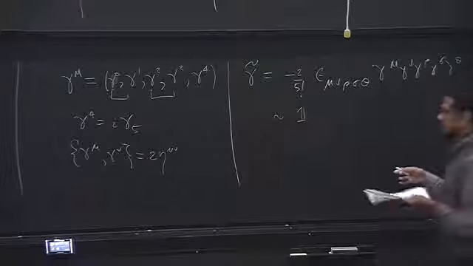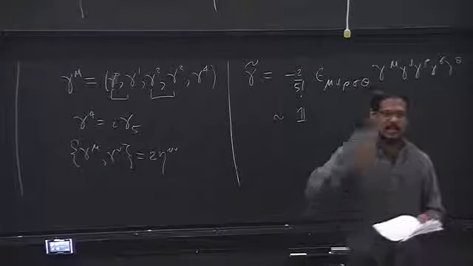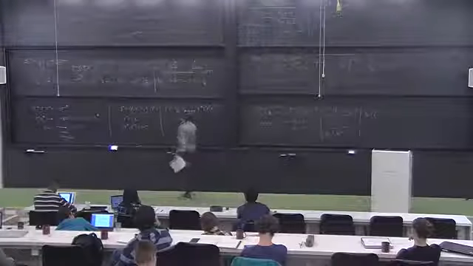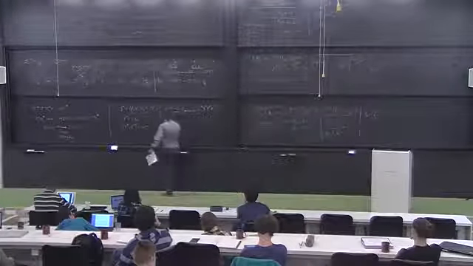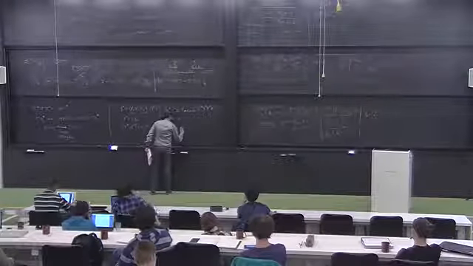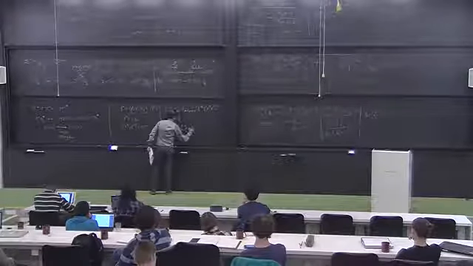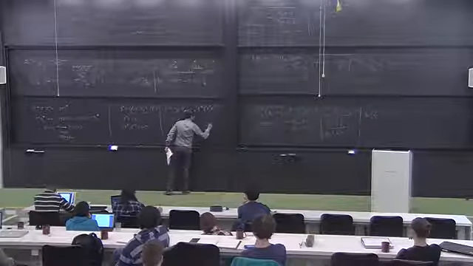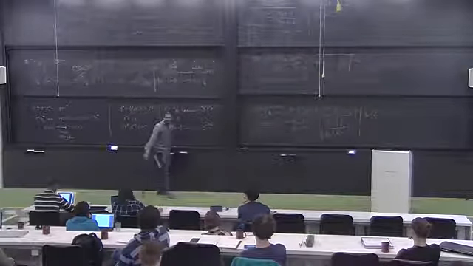Therefore, all of what we have done goes through exactly in one higher odd dimension, but we say that the dimension of the Dirac representation is 2 to the power of the integer part of d by 2. Okay?